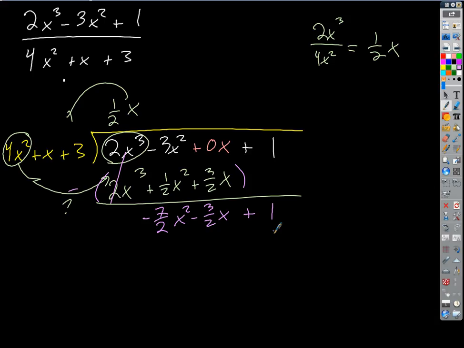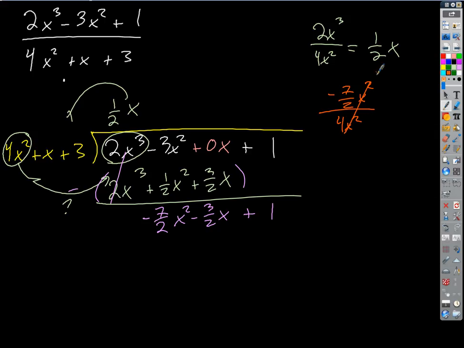So then we have one more term to go, don't we? We've got 4x squared dividing into negative 7/2 x squared. How many times? Well, negative 7/2 x squared divided by 4x squared: the x squareds cancel, right?